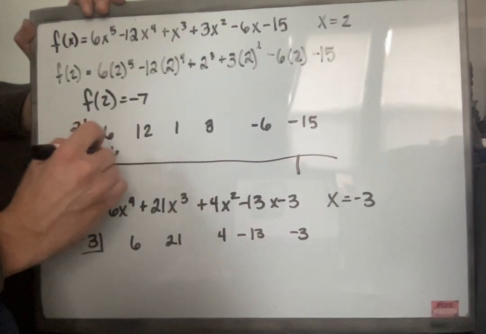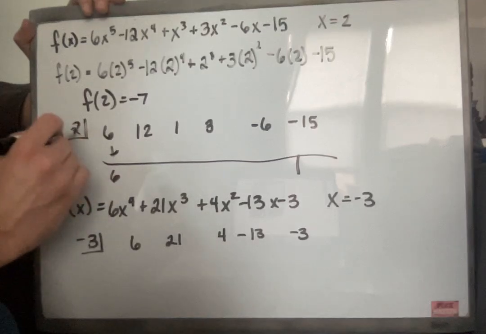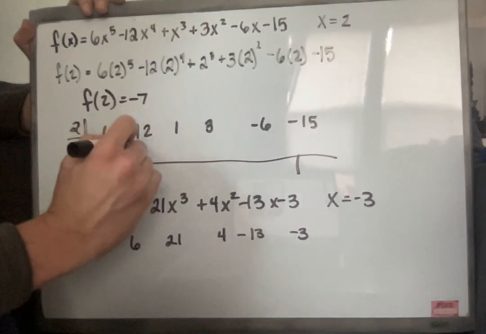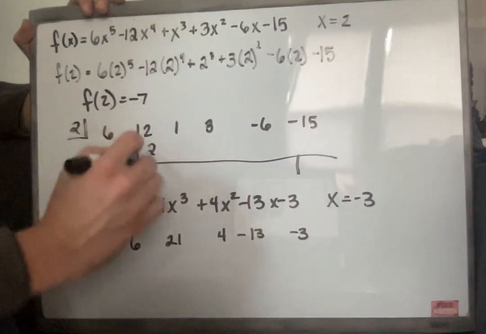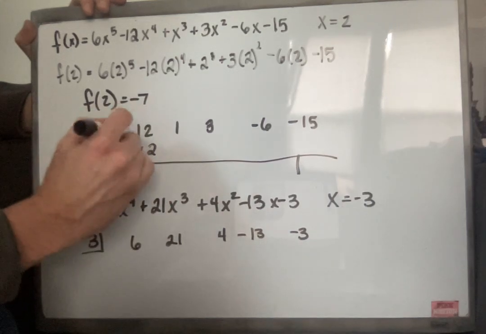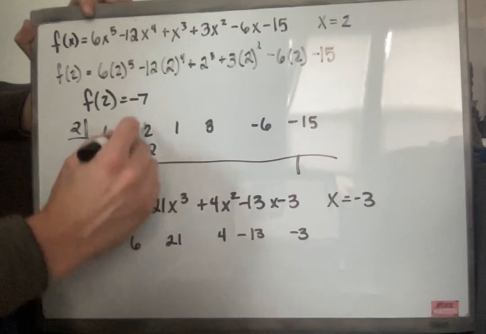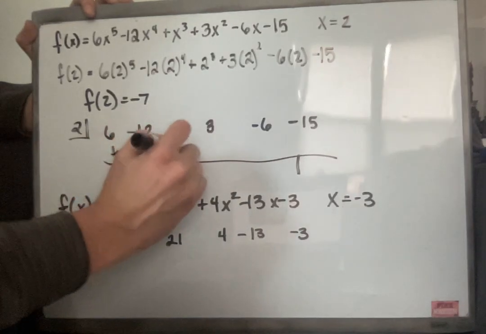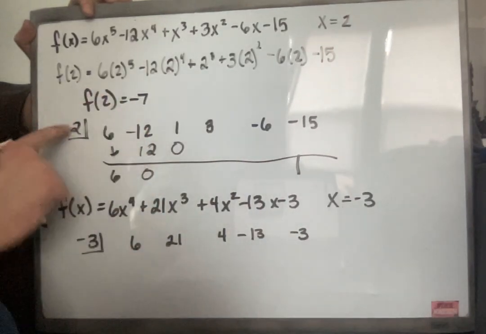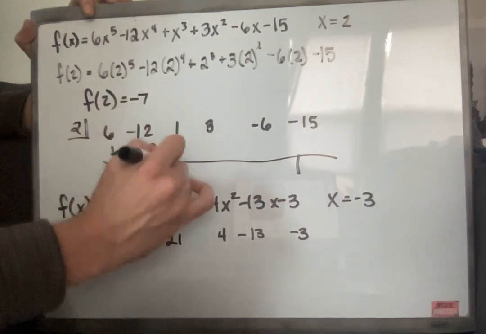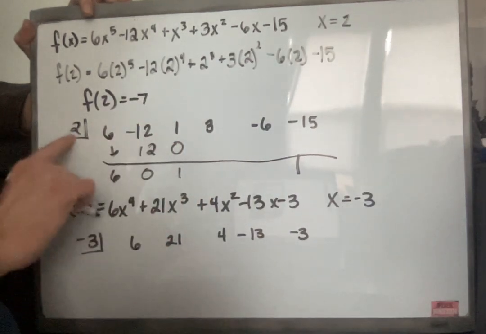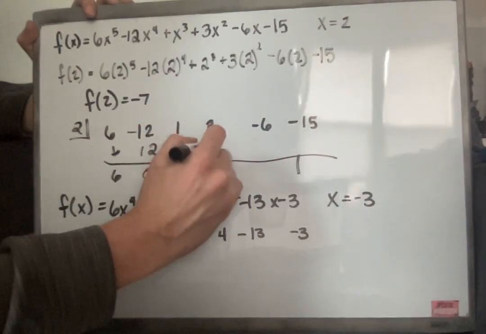I'm going to drop the first one, multiply by the number in the box. That's going to be negative 12. I forgot that negative sign. So this is going to be 0 because I'm going to add. Multiply by what's in the box. So 2 times 0 is 0. Add. Multiply by what's in the box.